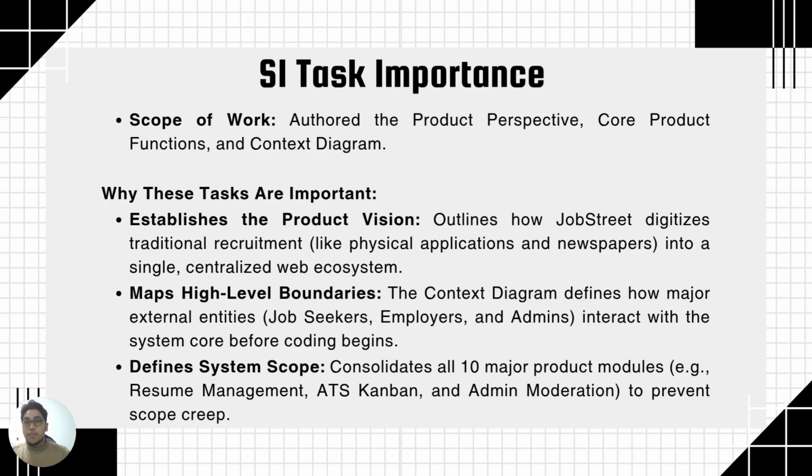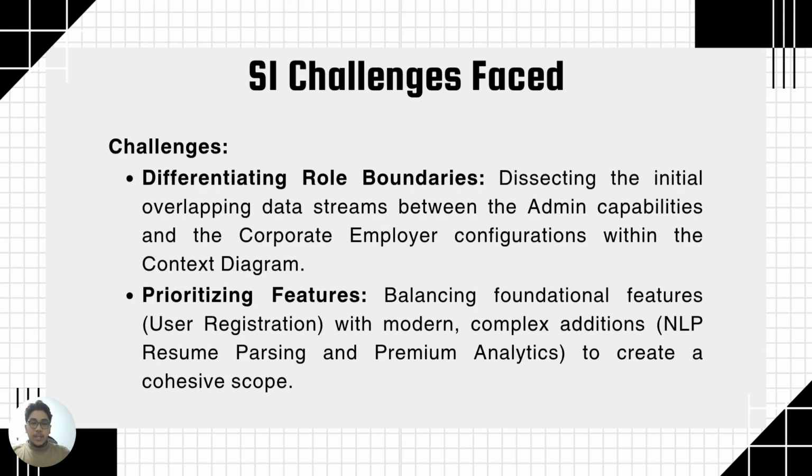Number 2, map high-level boundaries. The context diagram defines how major external entities, job seekers, employers, and admin interact with the system core before coding begins. Number 3, defines system scope. Consolidate all 10 major product modules, for example, resume management, ATS Kanban, and admin moderation, to prevent scope creep.